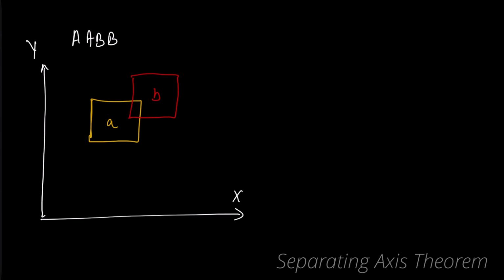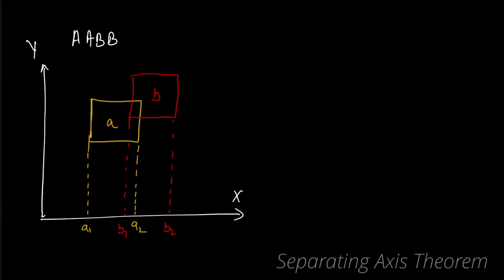So the first thing we do in that case is we project these boxes onto the x-axis, right? Project A, now we project B. This is B1, B2, and this is A1, A2, right?